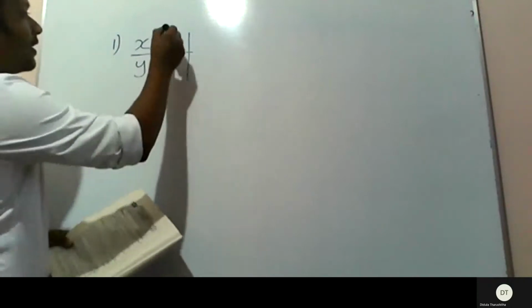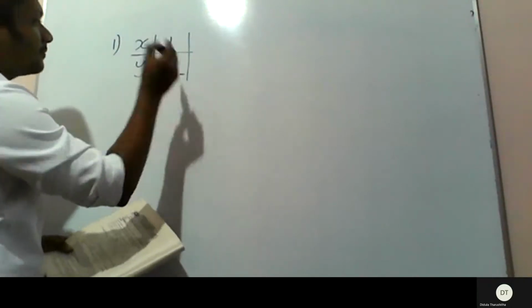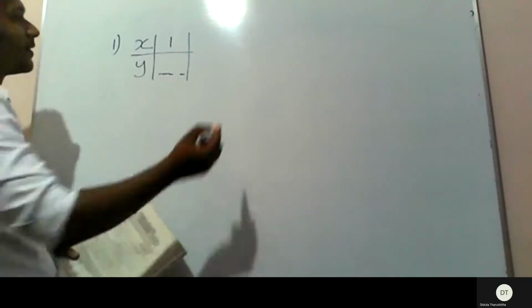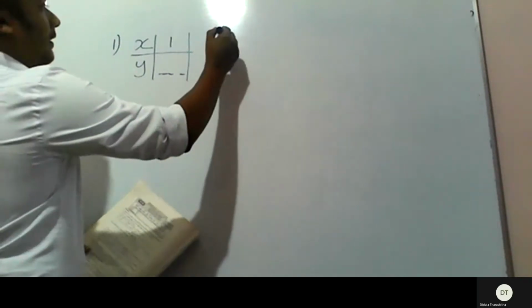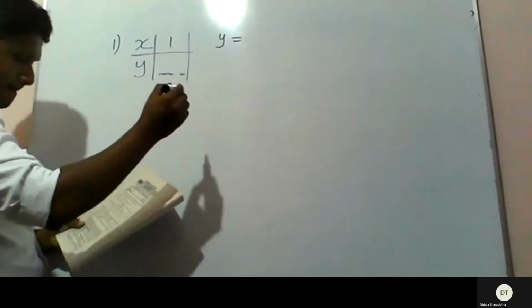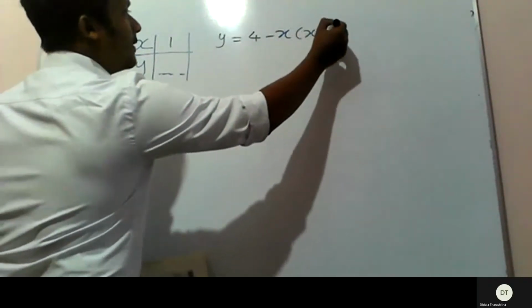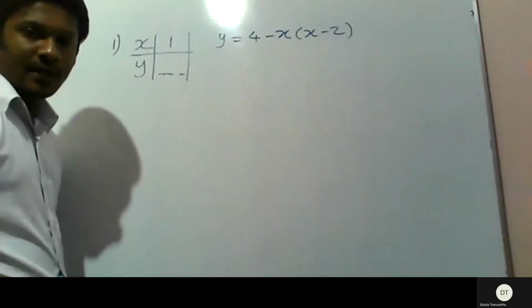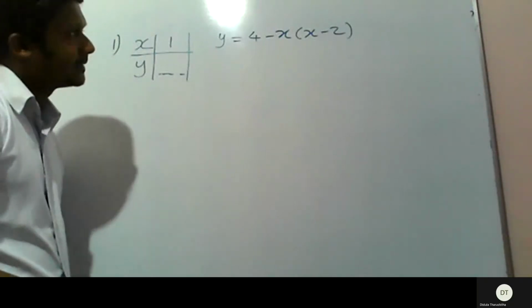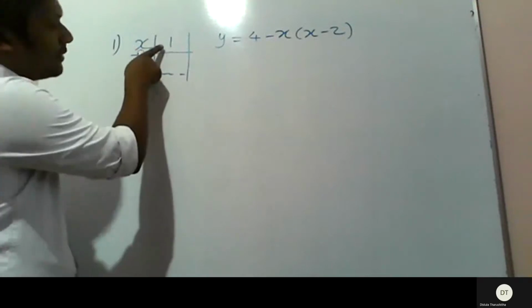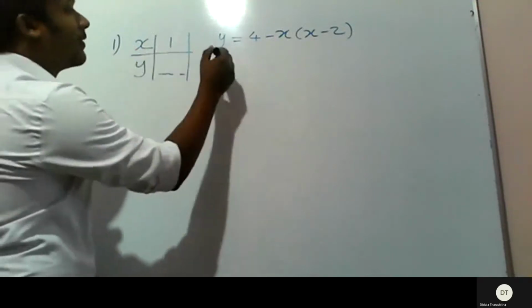You know the term x equals 1. What is y? When x is 1, what is y? y equals (4 minus x) into (x minus 2). Then substitute x equals 1.